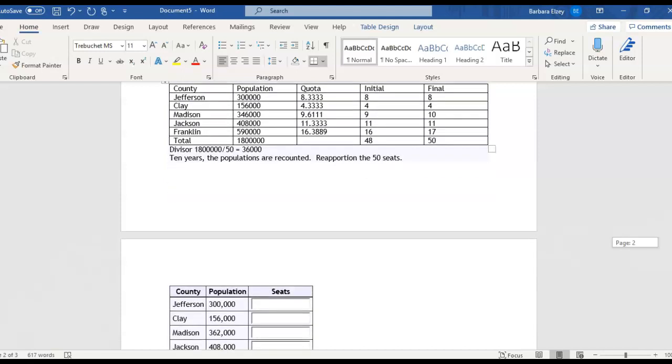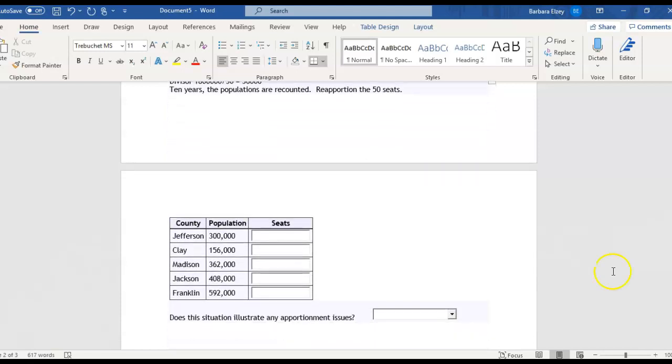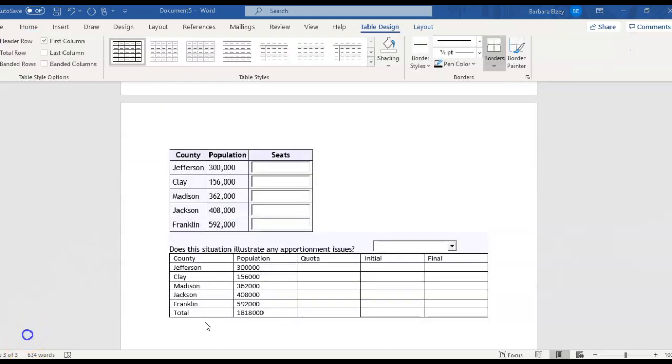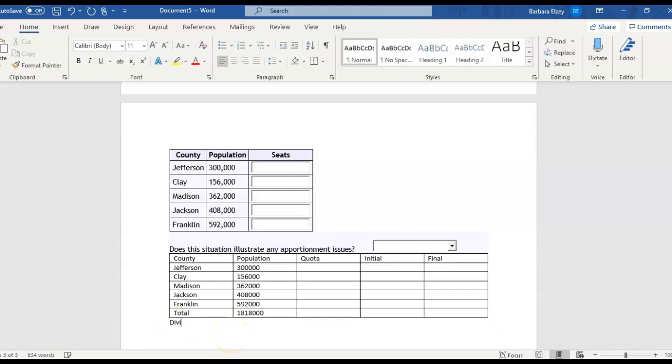Okay, so let's see what happens. We're going to reapportion with this new population chart. We're going to have to do our divisor again because our actual population did change. So we'll take the new population that I've totaled up, and we still have 50 seats to apportion.